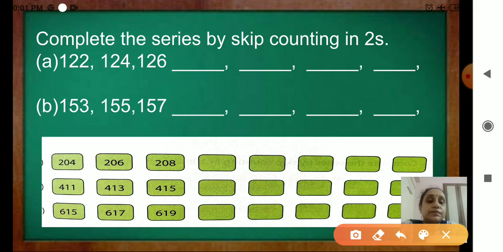What will come after 126? 128. Okay, after 128 what will you get? 130. Then 130. After 130 what will come?